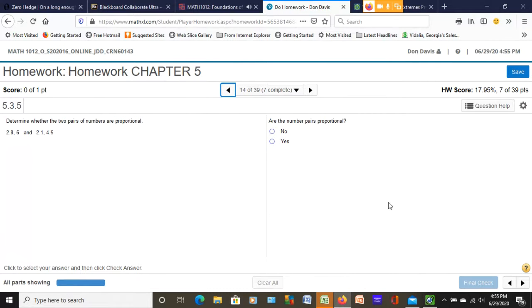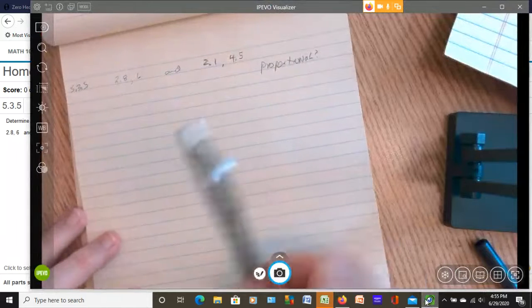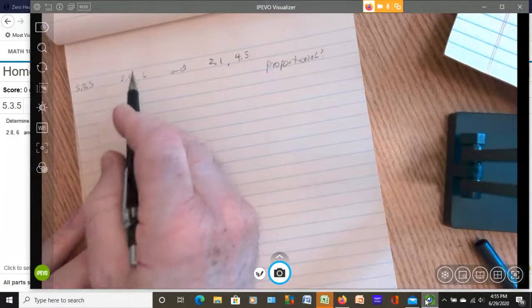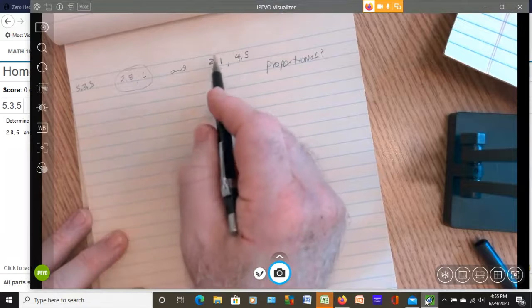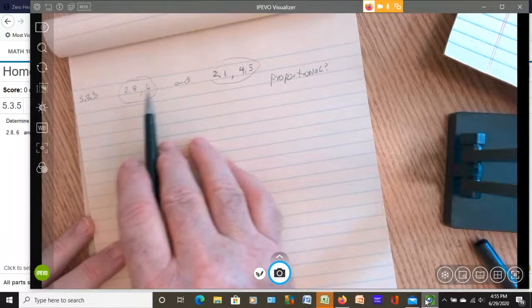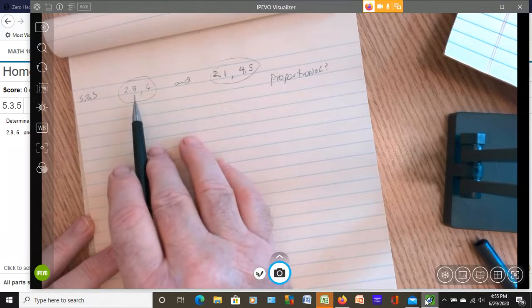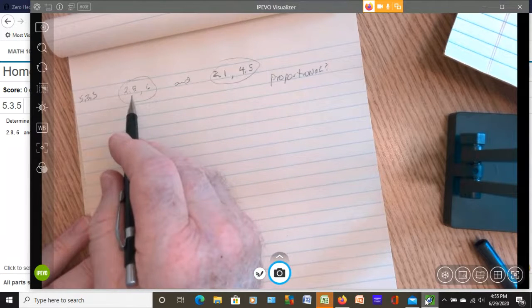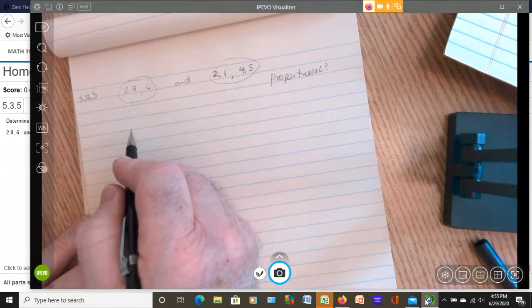Well, let's just look at the pad for a couple of minutes, and we'll knock this one out pretty quick, I think. Remember that these are written as pairs of values that are in some relationship to each other, and we're trying to compare these quantities. So remember we said that we have ratios where we compare quantities.